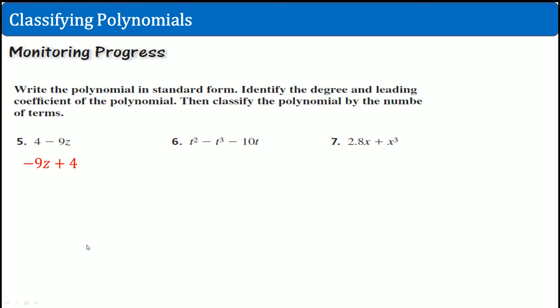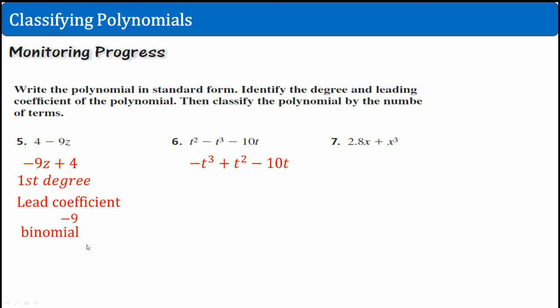All right, so the first one, standard form, should be negative 9z plus 4. This is a first degree because the exponent on top of the z is 1. The leading coefficient here is negative 9. And this is called a binomial because it has 2 terms. 6 should be negative t to the 3rd power plus t to the 2nd power minus 10t.